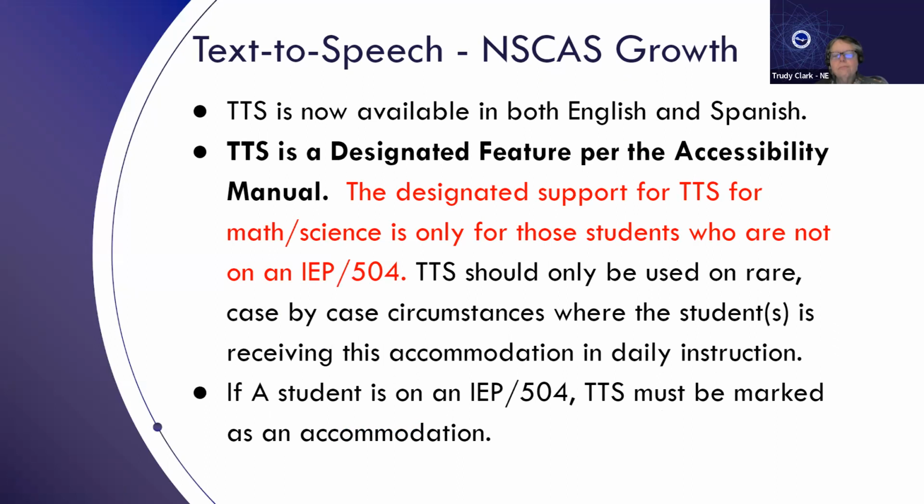But we have to mark it in the system. The only way to get them text to speech is in the accessibility supports. Yes. Okay, all right. I was understanding that we were supposed to assign it in a different way. We assign it in the same way, recognizing that they may not also have an IEP or 504 designated. Okay, thank you for the clarification.